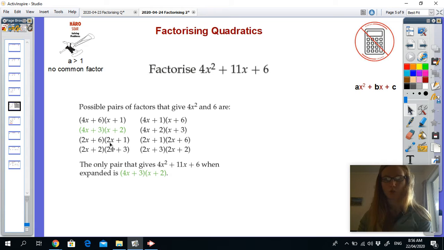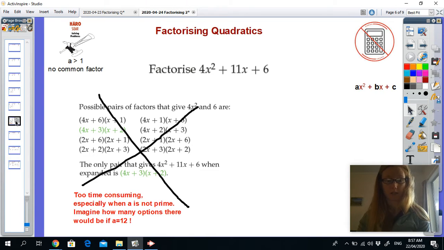Now you might be able to do the guess and check when the value of a is prime, because that eliminates the number of possible combinations for coefficients of x within your brackets. Okay? But 4's not prime, and we can see we've already got 8 possible combinations. And this is just too time consuming. Imagine if a was 12, you wouldn't only have 4 and 1 and 2 and 2.